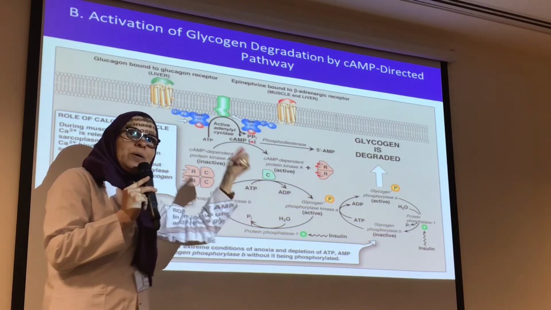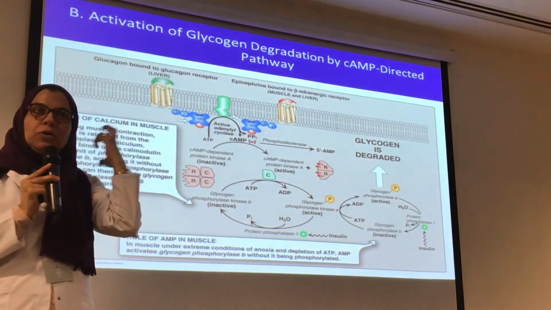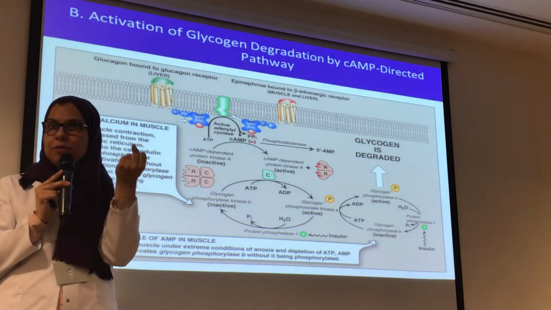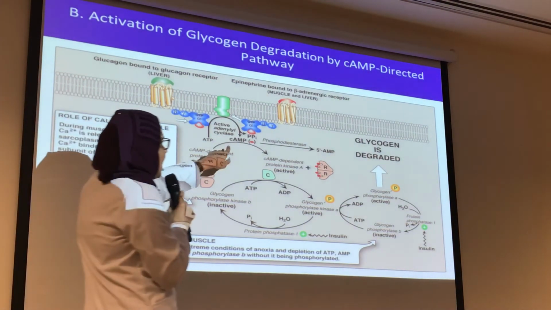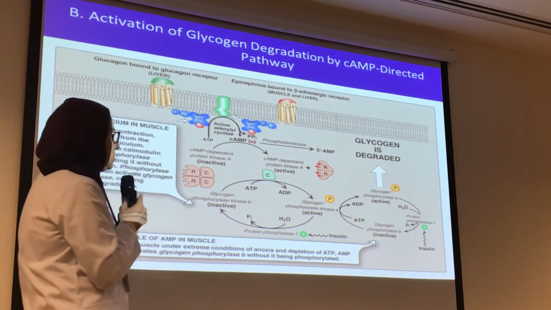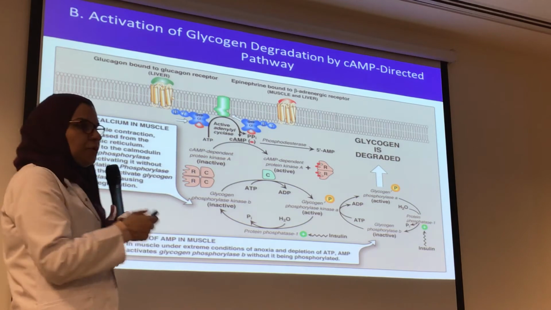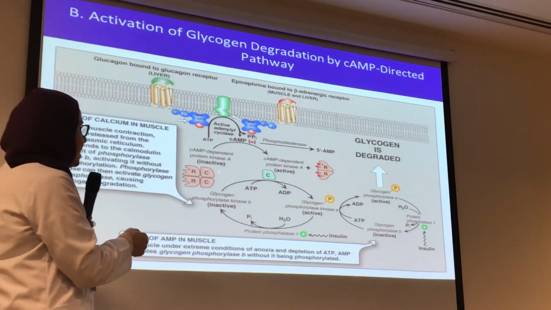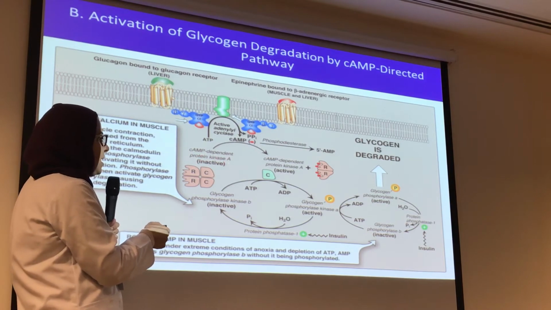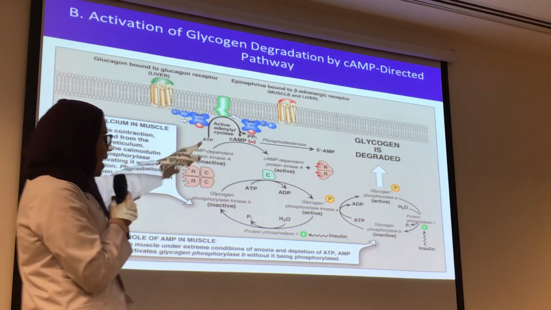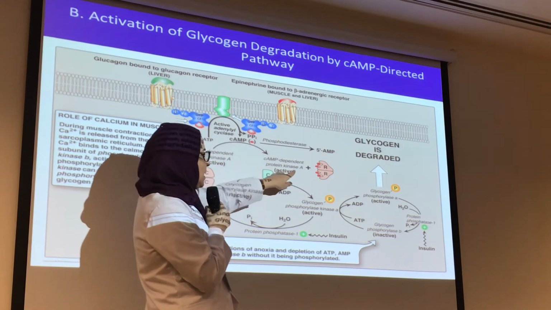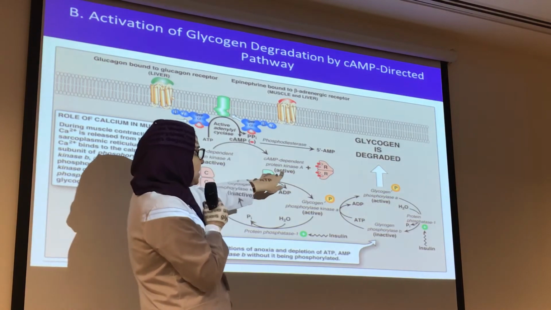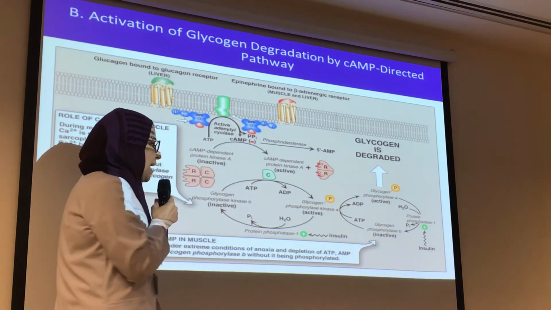Now cyclic AMP will carry that signal. You know, glucagon is here, we need to break glycogen. What will the cyclic AMP do first? You should know this from your blocks. It will activate protein kinase A, okay? So cyclic AMP will activate protein kinase A. Once protein kinase A is active, what is it going to activate?